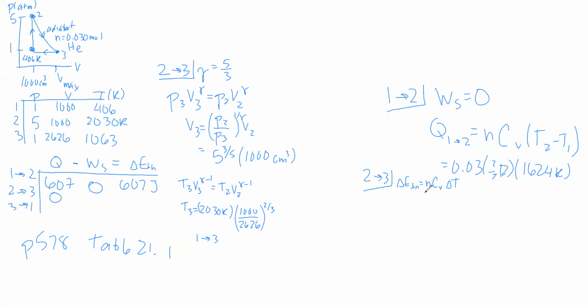That's true for any ideal gas process, it's true for any gas. There's a reason in chapter 20 that has to do with an important result called the equipartition theorem, but let's just take it as a hypothesis for now.